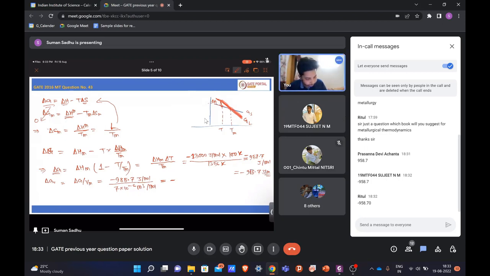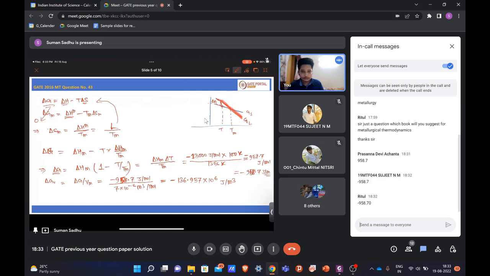Oh sorry, thank you for correcting, 958.7 divided by 7 into 10 to the power minus 6. So how much is it coming? Minus 136.957, right? Into 10 to the power 6 joule per meter cube.